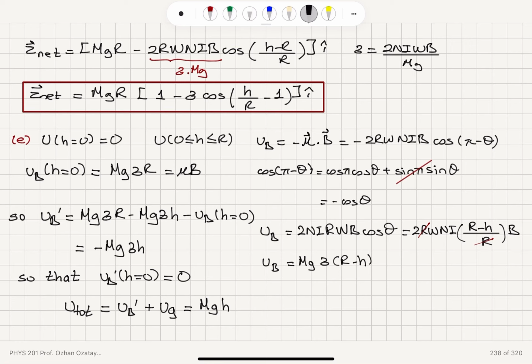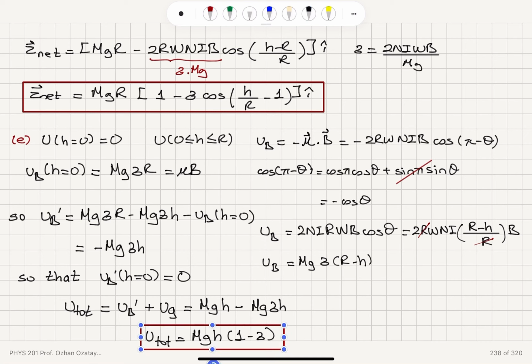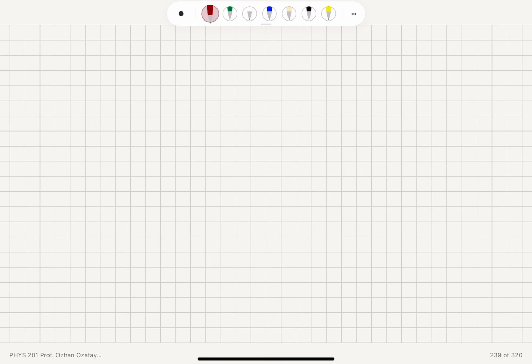Mgh is the gravitational potential energy, minus mg sigma h. The total potential energy becomes mgh times 1 minus sigma. Okay, so let's do the same exercise in part F when h is greater than r.